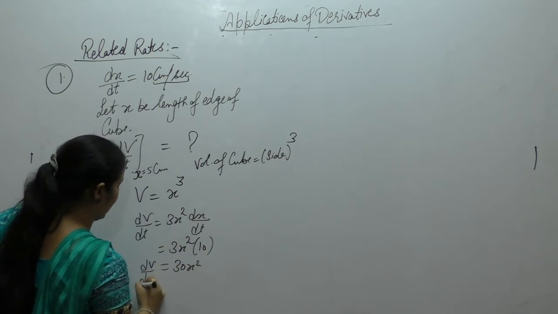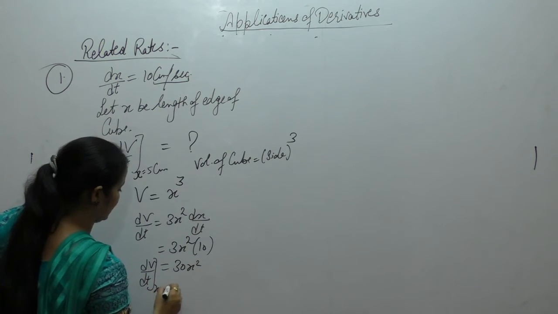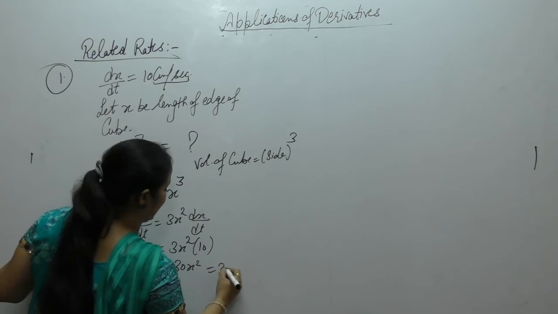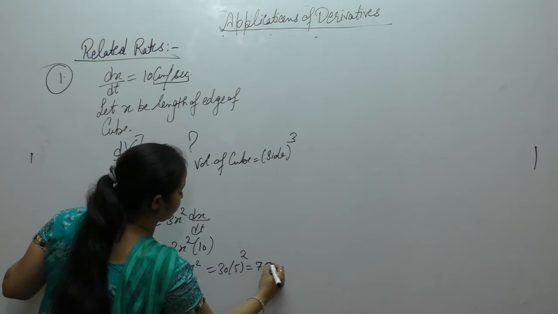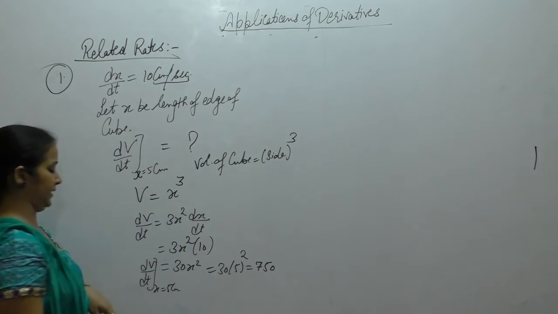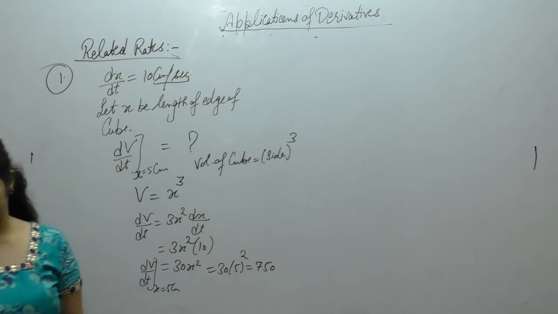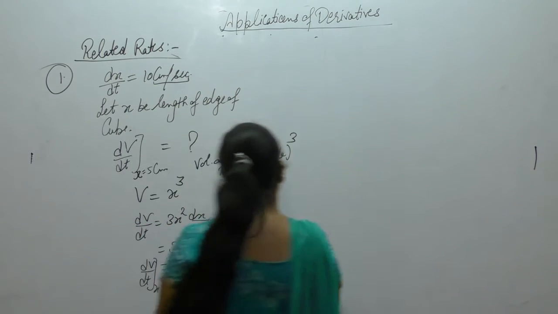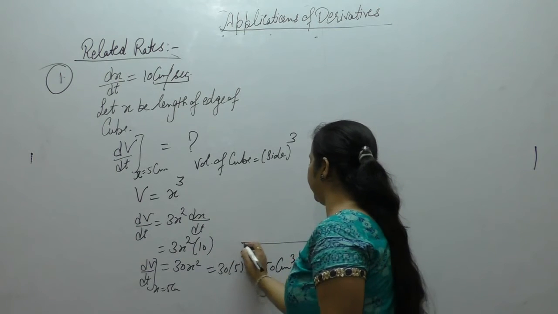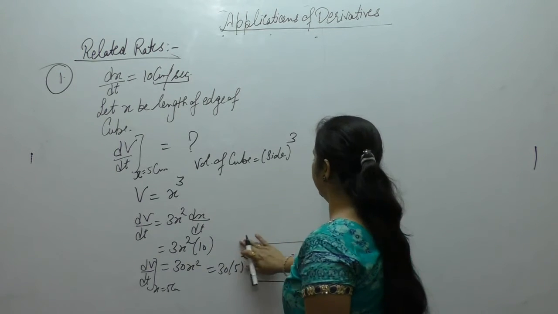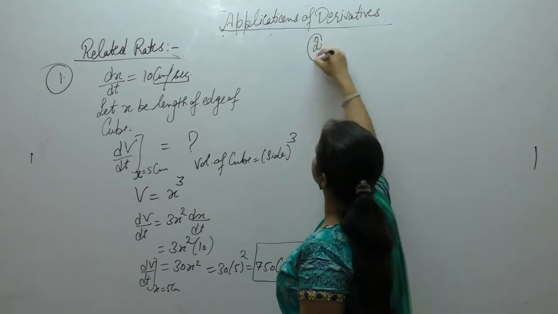Now we want this value when x = 5. So put the value, 5² is 25, into 30, that is 750. Volume is in centimeter cube and time is in seconds, so 750 centimeter cube per second.